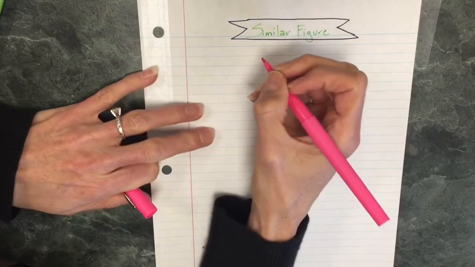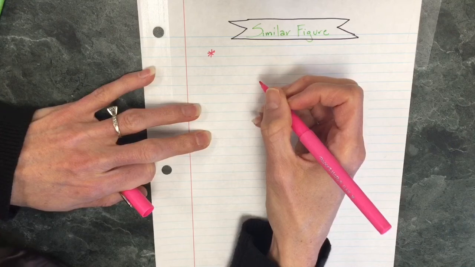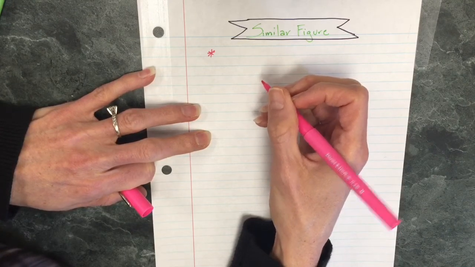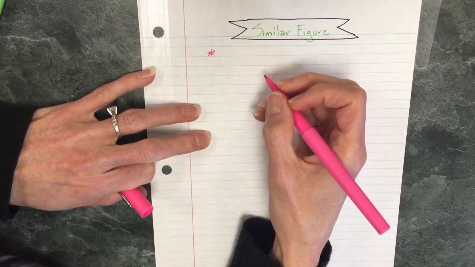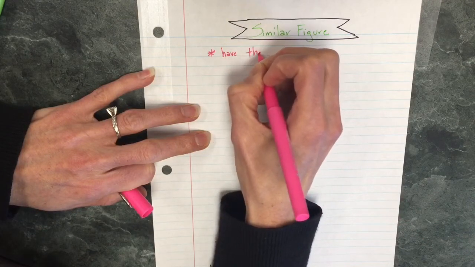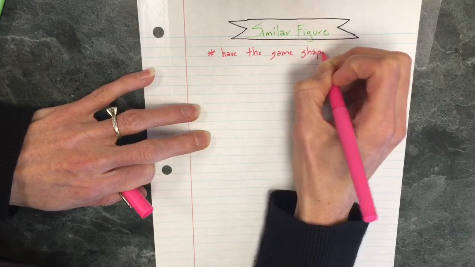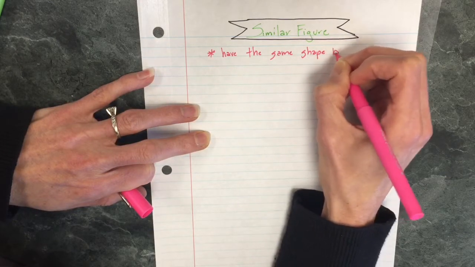Similar figures have the same shape but not the same size. They are proportional because they're the same shape. So they have the same shape, but not necessarily the same size.